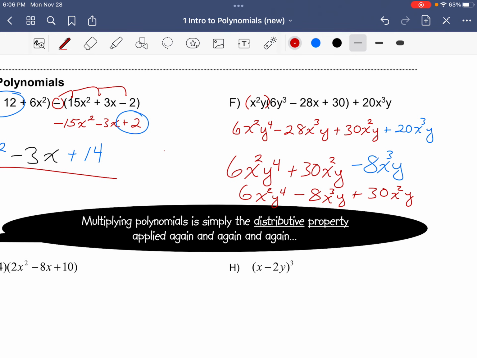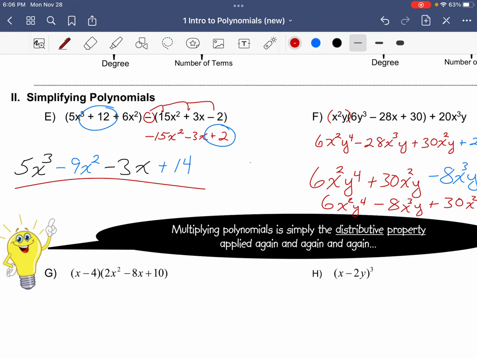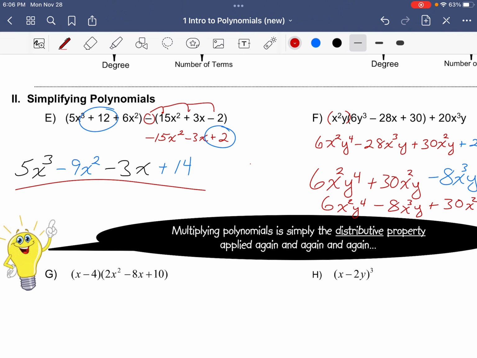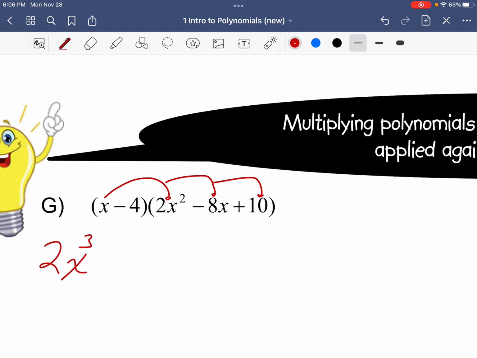What about multiplying, or a more advanced type of multiplying? Well, it's just going to be the distributive property. Just going to have to do it again, and maybe again if necessary. So just remember that this x is actually going to multiply, that is distribute, to each of these three terms.